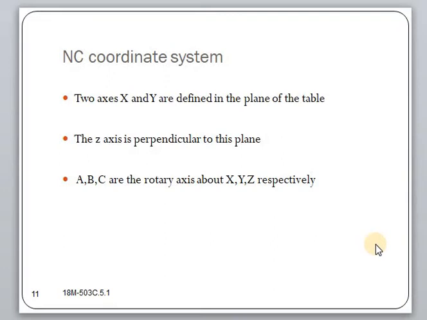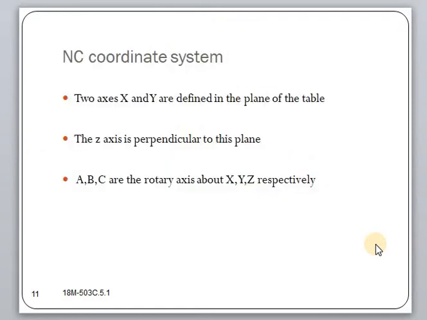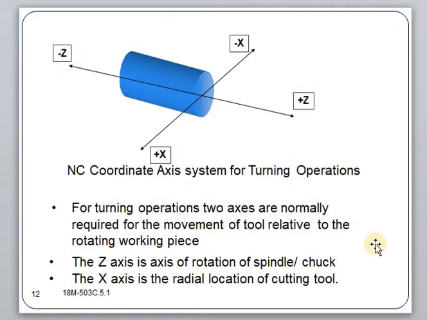This explanation is about this diagram. So this is a turning operation. For this we need only two axes, the X and Z axes.